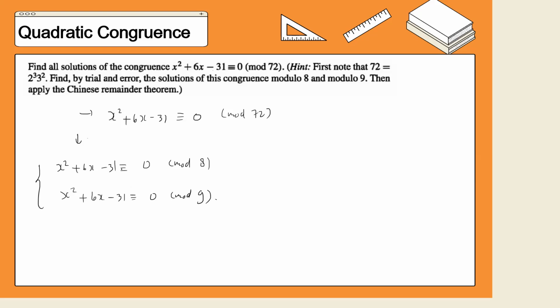Keep in mind that the solution here will be the solution here. So we work from this. And the way we work from this is that a solution to this, because 8 is 2 raised to 3, will be a solution to x squared plus 6x minus 31 congruent to 0 modulo 2.